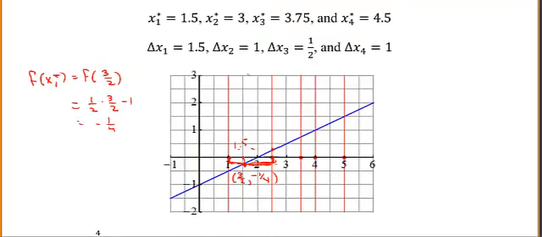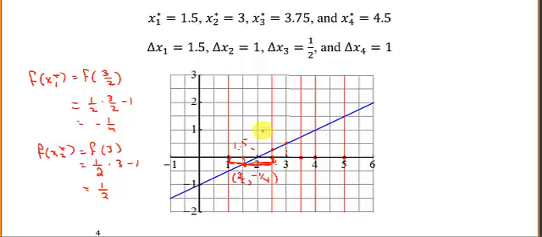All right, then my second x sub 2 star is 3. Okay, so 3, let's see, where will I be? Well, f of x sub 2 star is f of 3, which would be 1/2 times 3 minus 1. That would be 3/2 minus 2/2, that would be 1/2.